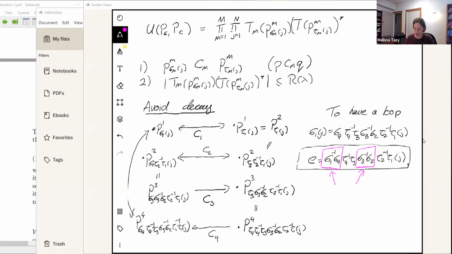The other thing that's important is I could have obviously started with P1 tau 1 of j as my starting point for my loop and gone this way. And in the paper, I refer to these as weavings. You can kind of see why when you draw them live. You're weaving back and forth between the P sigma and P tau entry of the matrix.